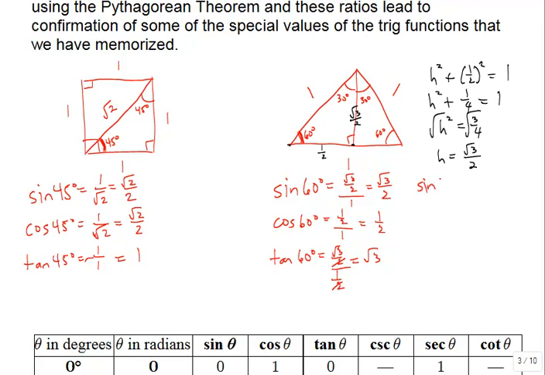Now let's take a look at the 30-degree angle. So let's find sine of 30 degrees. So now we're up here, and the opposite side would be this 1/2 over the hypotenuse, which is still 1. So now we get 1/2.